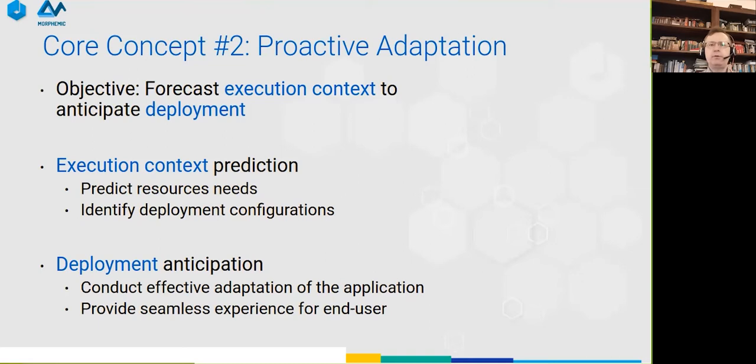Of course, in that case, new resources will be added automatically in a reactive way, but it takes 5 to 10 minutes. So in that window, the application is not working properly. With proactive adaptation, we can predict that situation and add resources proactively before it happens.